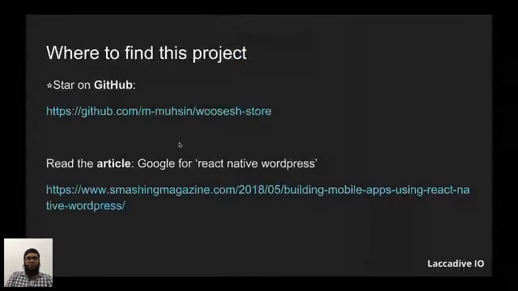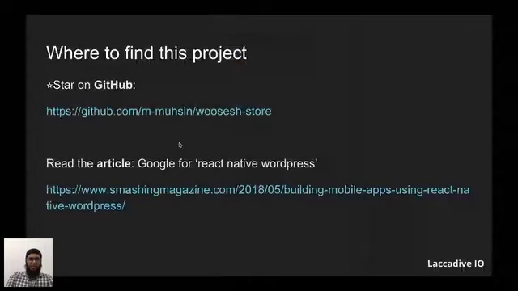So where to find this project? You can find this project on GitHub. The code I used is actually from github.com/store, a WooCommerce mobile app built with React Native. These are some screenshots.